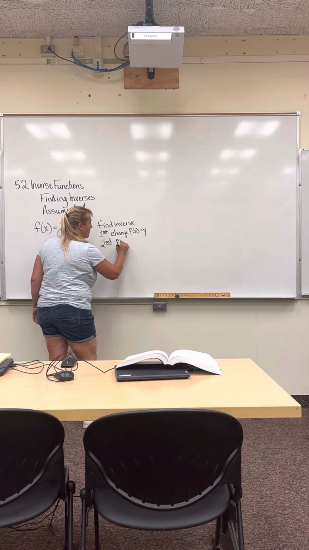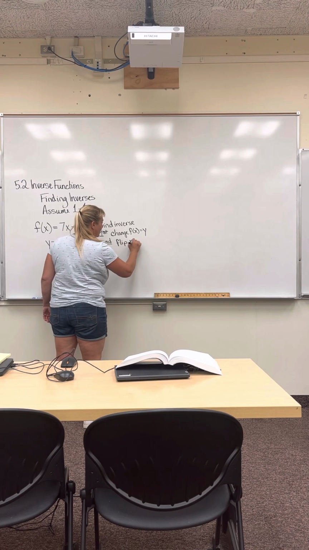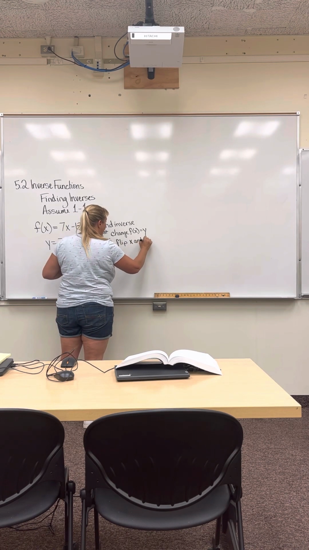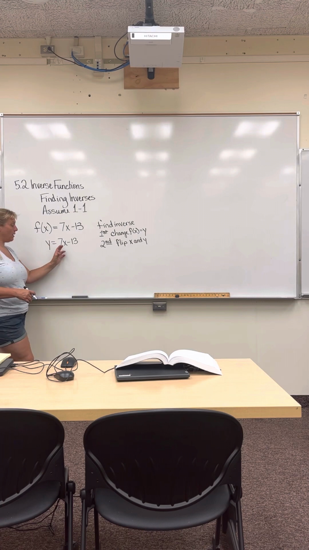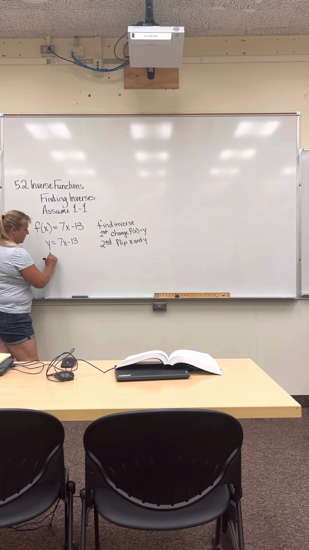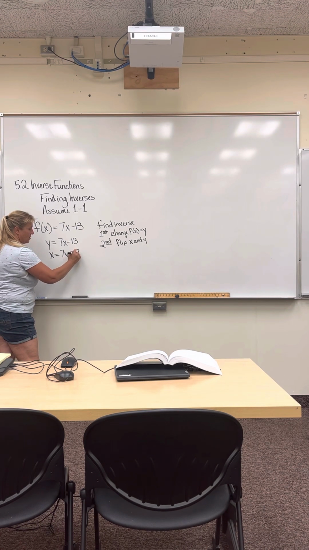Remember that what we're doing here for inverse functions is we're finding the opposite, or the reverse, or the undo. So if we want to go backwards, we're going to flip everything around. So it's going to be x equals 7y minus 13.